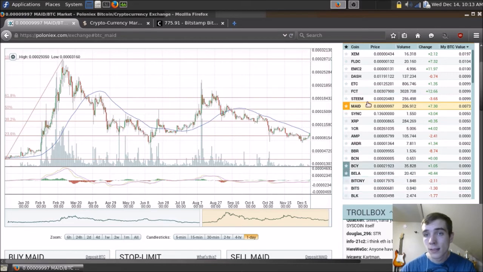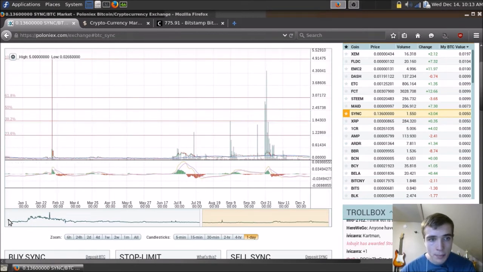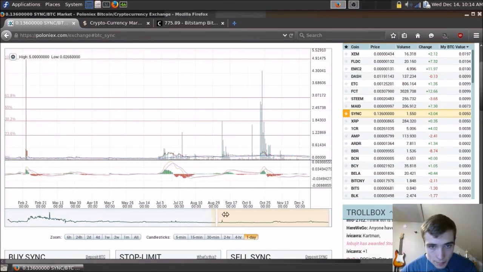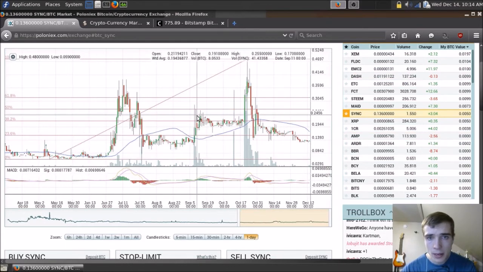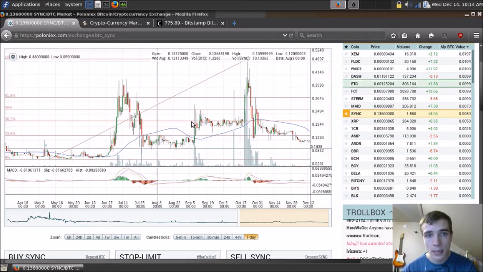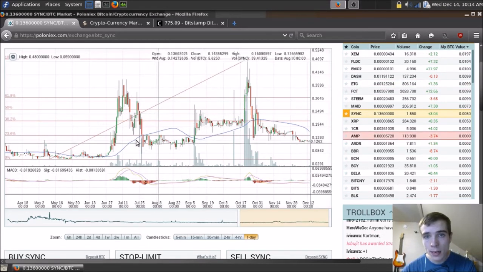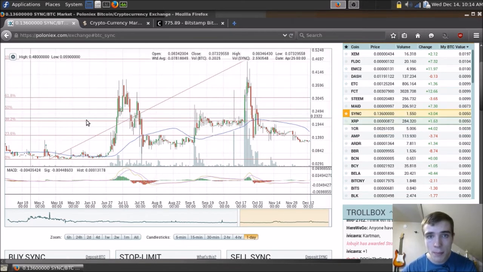Now, Sync is one that I like to invest in occasionally, mainly when it's really dumped off. But now looks like one of those times to me. It hasn't come down here, but it's been playing around this 1.3 area pretty nicely, and it's below the 23, so I like to look for that, especially since it spent a lot of time above it.